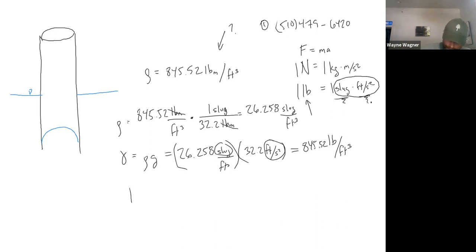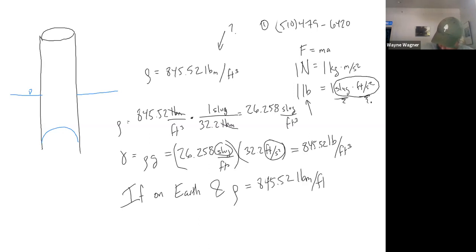So hence, the only time that this is easy for you is this: if on Earth, and rho is 845.52 pounds mass per cubic foot, then gamma is 845.52 pounds force per cubic foot.